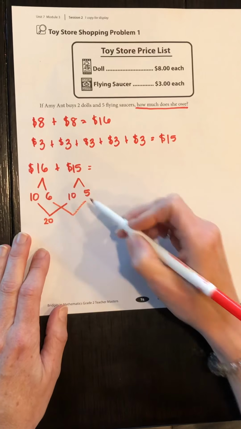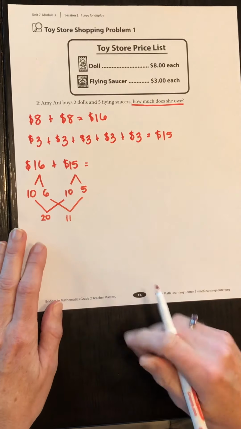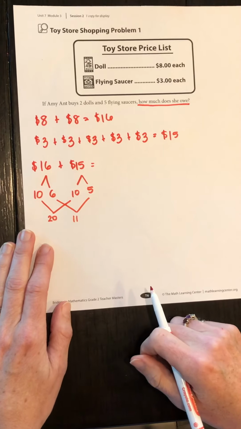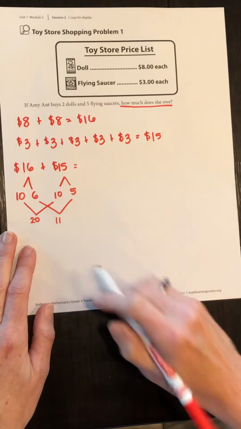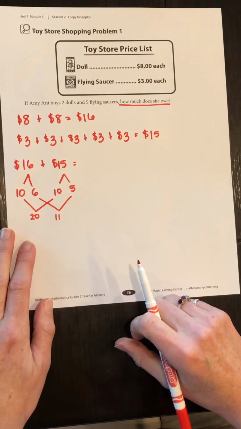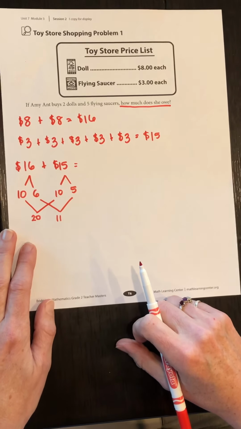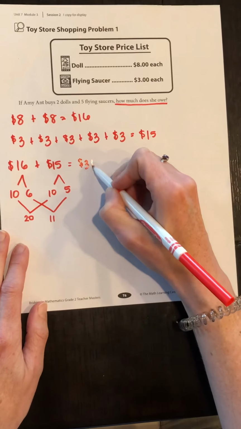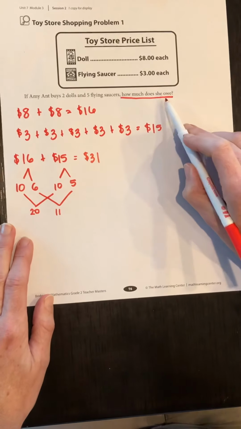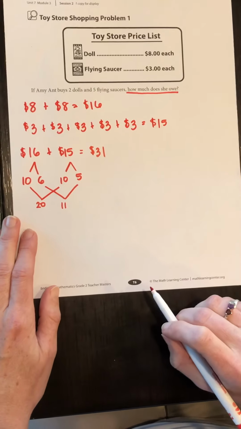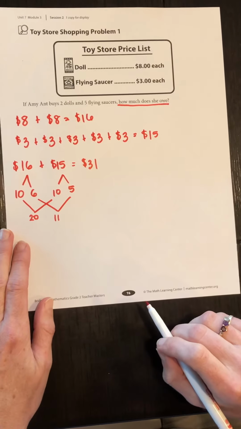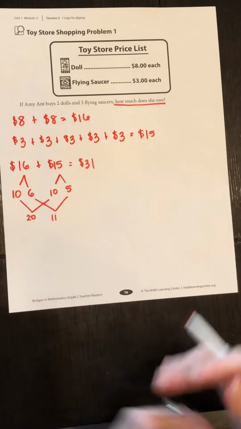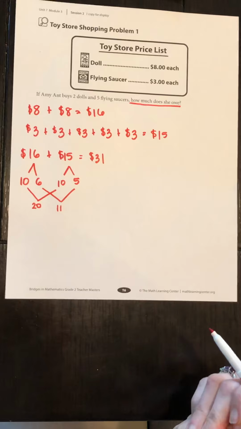And if I add my 6 plus 5, that's going to equal 11. Now I'm going to add 20 plus 11. 20 plus 11 equals $31. Amy Ant owes $31 for the toys that she's going to buy from the toy store. This is one strategy you could use to solve this problem.